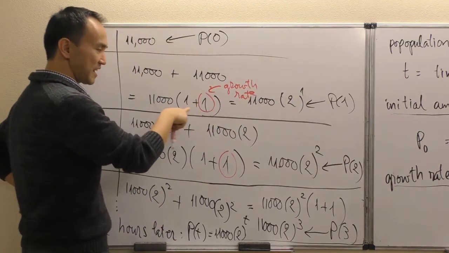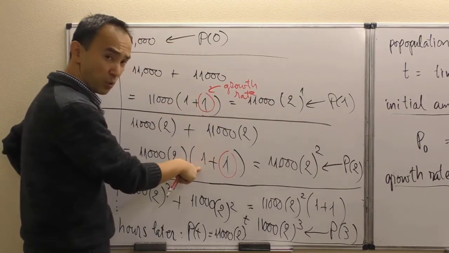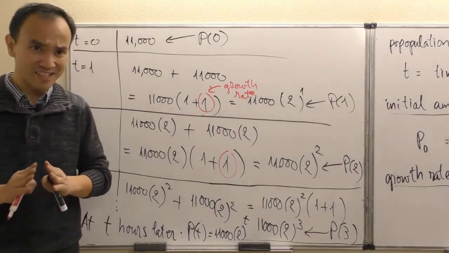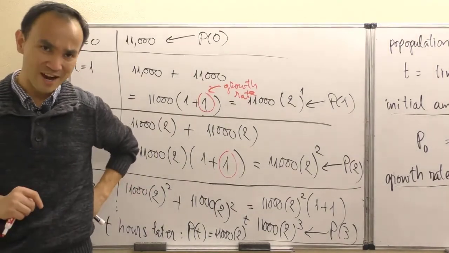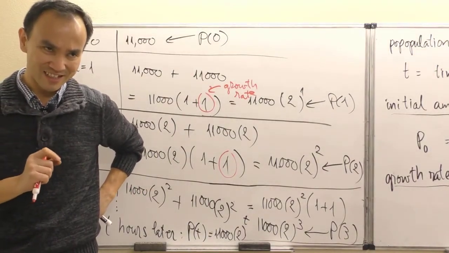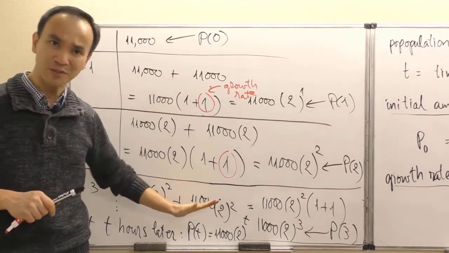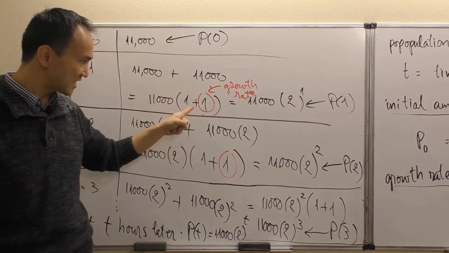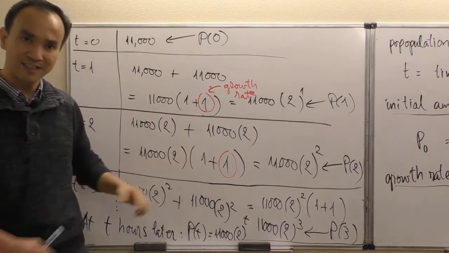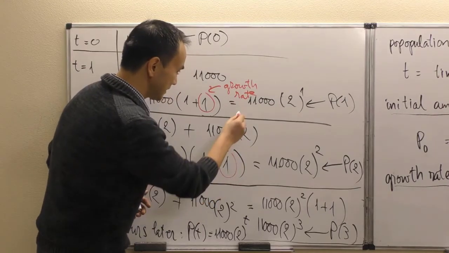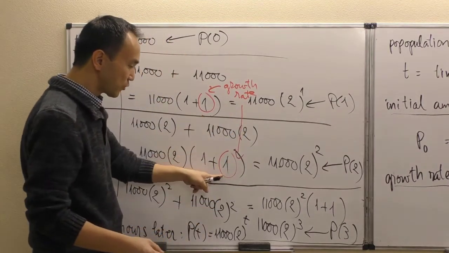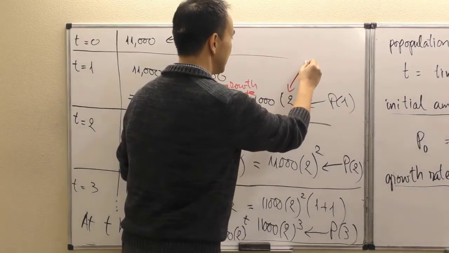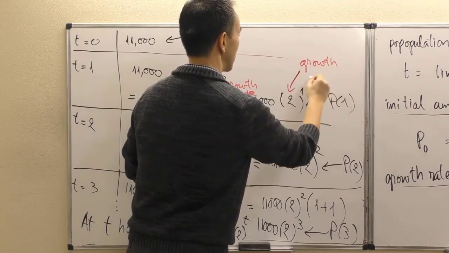But after adding the growth rate with 1, and we saw this in the earlier problem as well, this is some other generalization that I could not point out when I was pinpointing the common characteristics. But now as we work through the process, so far in two problems, it's been the growth rate added with 1. After adding the growth rate with 1, we come up with what is called the growth factor.